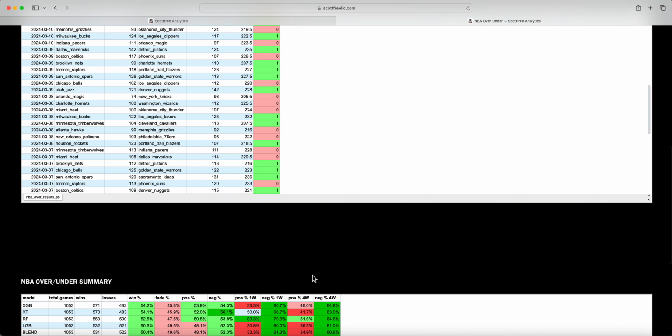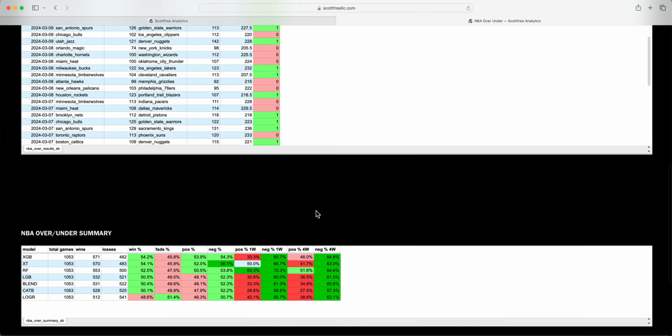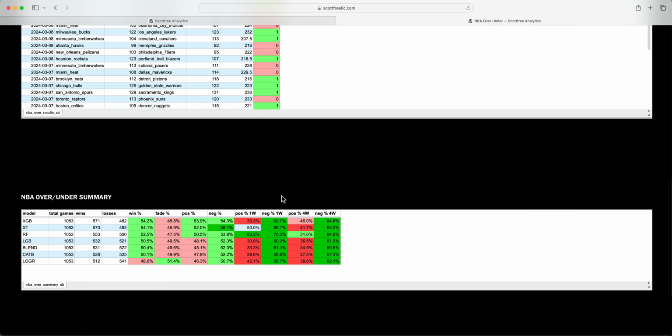So if we go to the summary, this is the way it works. So basically all these models for all sports, we went live last October. So since October 2023, and you'll see, at least for the NBA, we've had over 1,000 games to see how the models are doing.